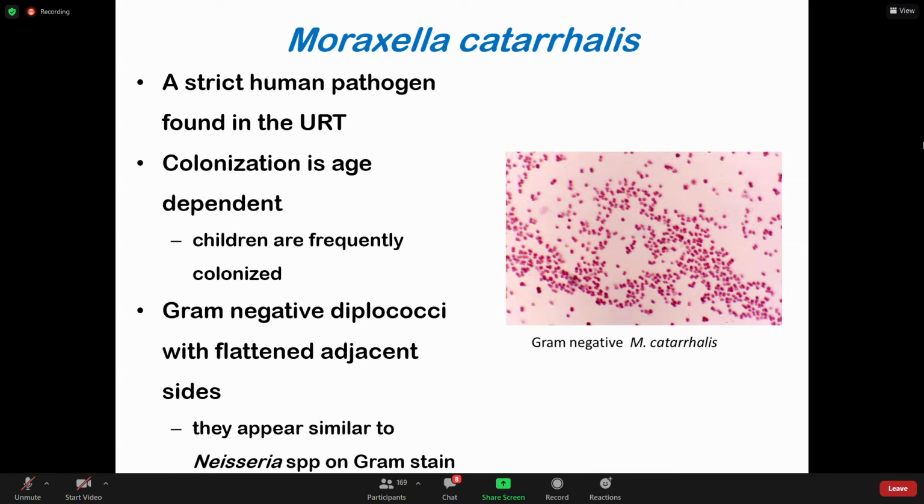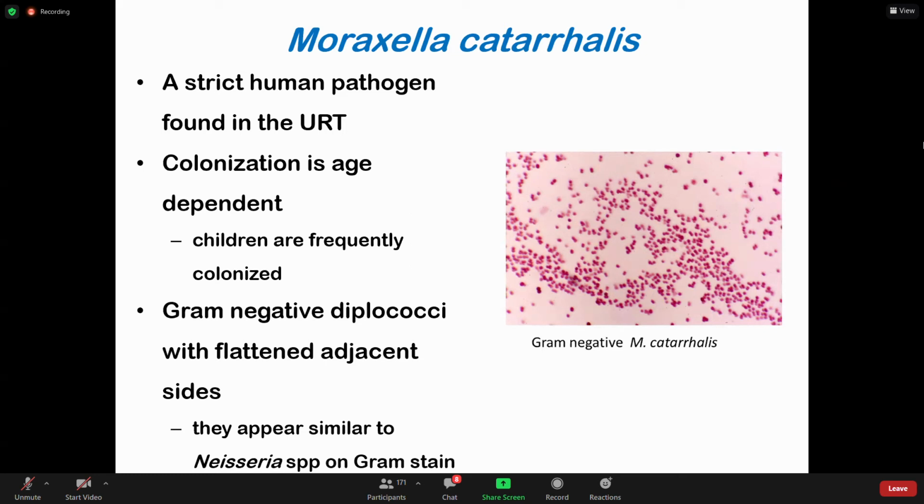They are gram-negative diplococci with flattened adjacent sites, and this can cause confusion in the lab because they look very similar to Neisseria species. And we can have non-pathogenic Neisseria species colonizing the oropharynx.